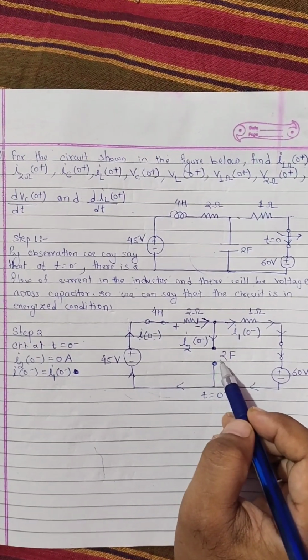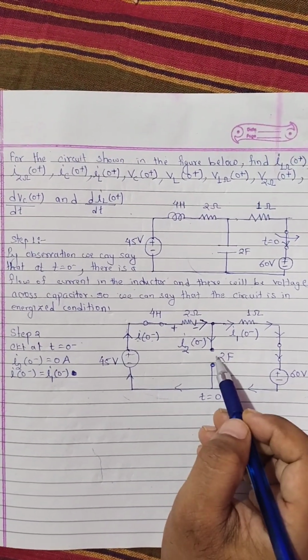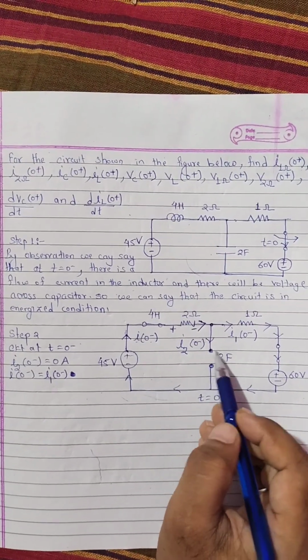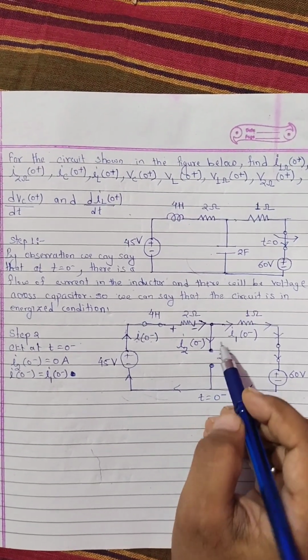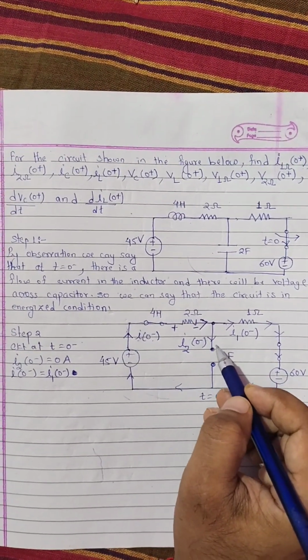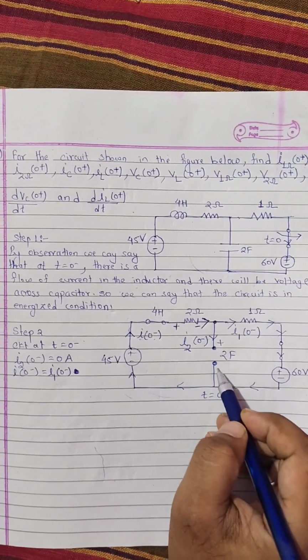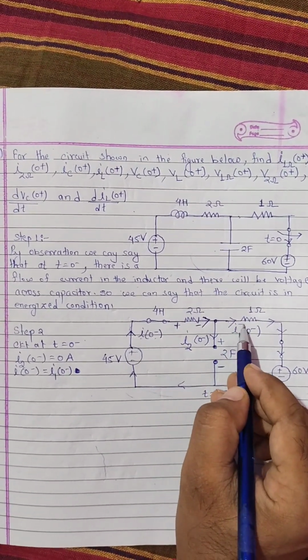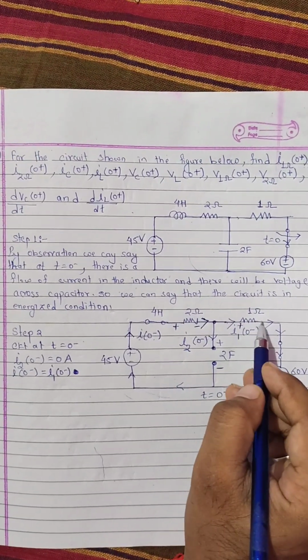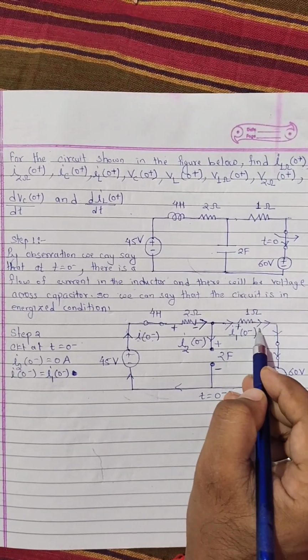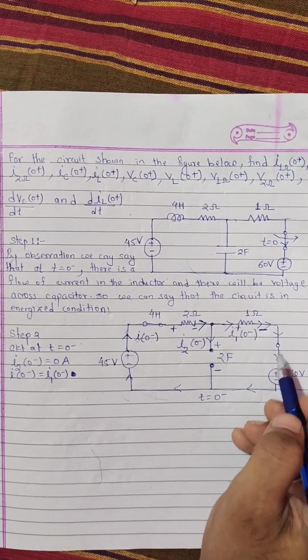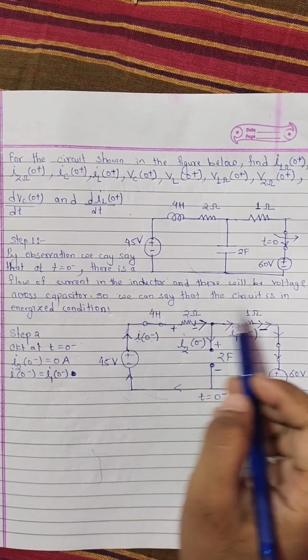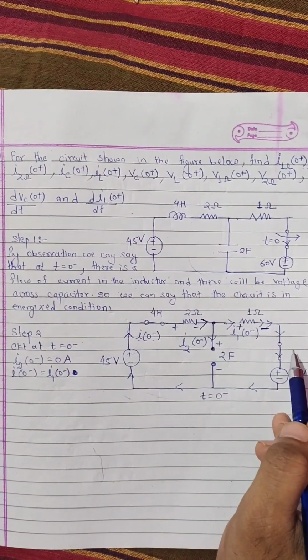At t equals 0 minus the capacitor acts as an open circuit, but current enters the capacitor, so this will be plus, and exit will be minus. Similarly, current enters this 1 ohm, so this is plus, and exits, so this is minus. Now we can use KVL in this closed path.